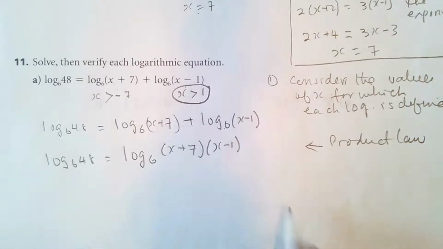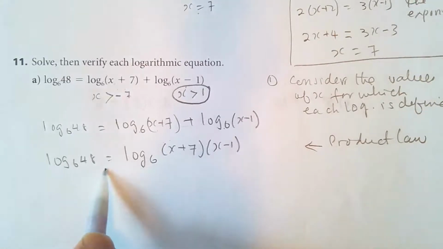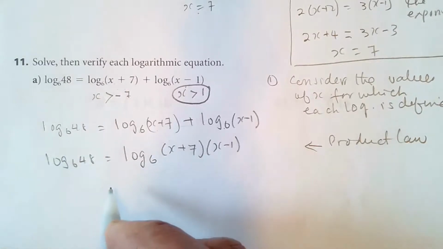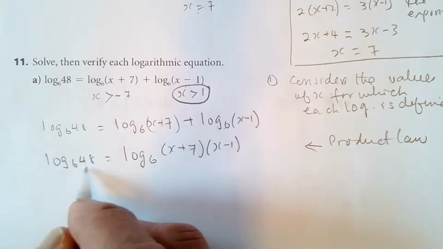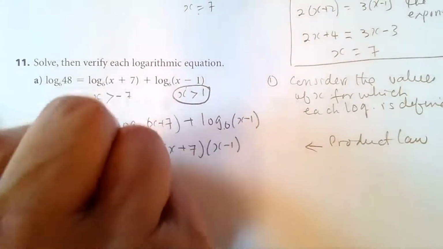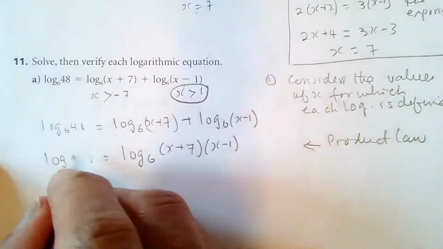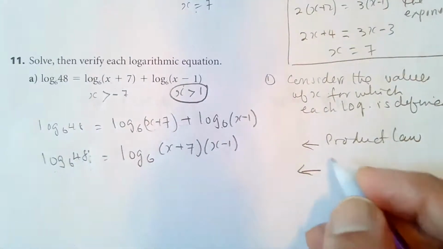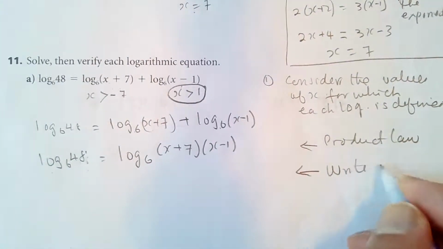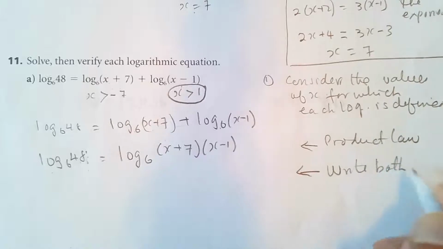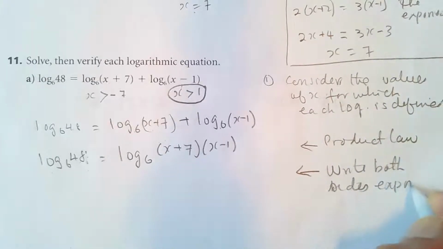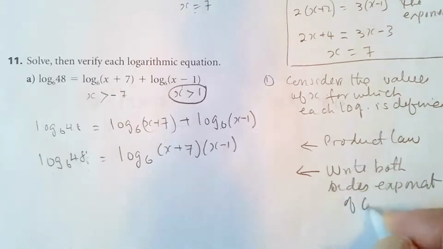Now, our next step is to write this as an exponent of 6. So write the exponent of 6, now it becomes 48. So next step, we take both sides as an exponent of 6.